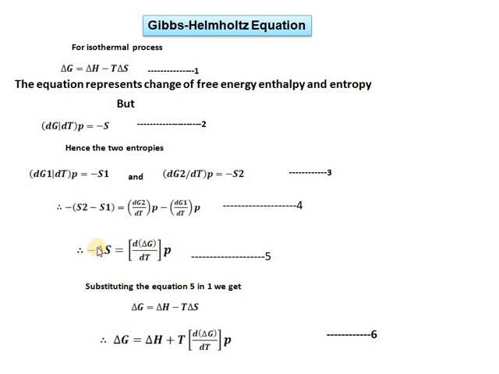Then putting this value of −ΔS into equation 1, we get ΔG is equal to ΔH, minus and minus gives plus, so plus T (dΔG/dT) at P. This is equation 6, which is called the Gibbs-Helmholtz equation.